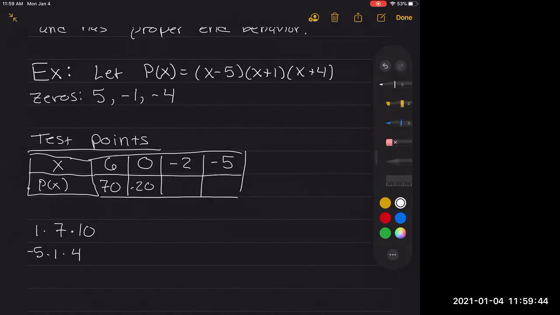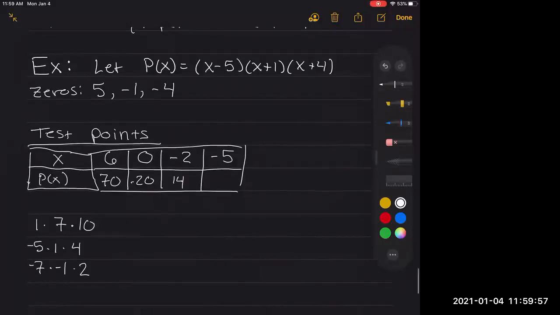We plug in -2, we get a -7 times -1 times 2, so that gives us 14. And then if we plug in -5, we get a -10, a 4 times 4, and a -1. So here we get a -40. So this lets us know kind of the behavior between our test points and our zeros.